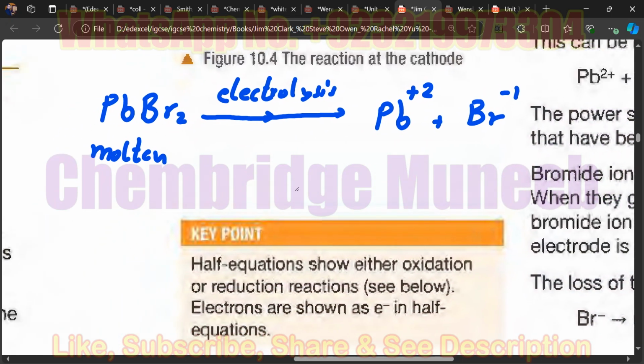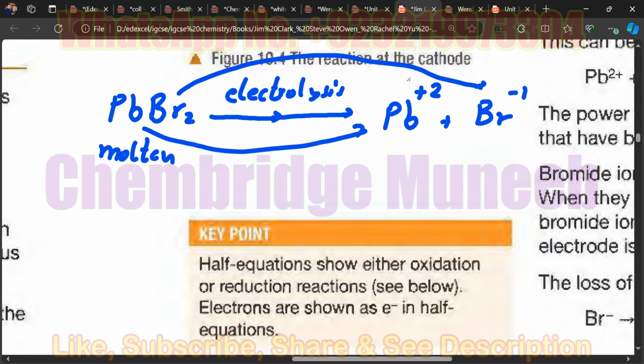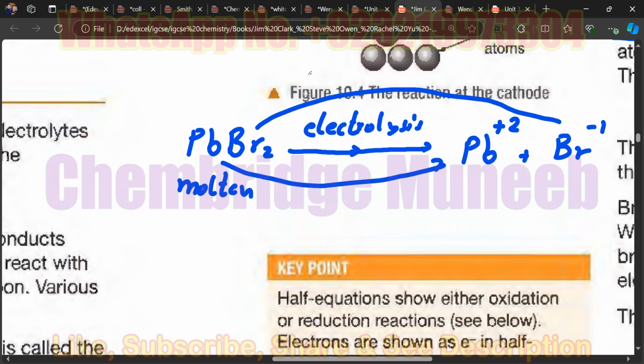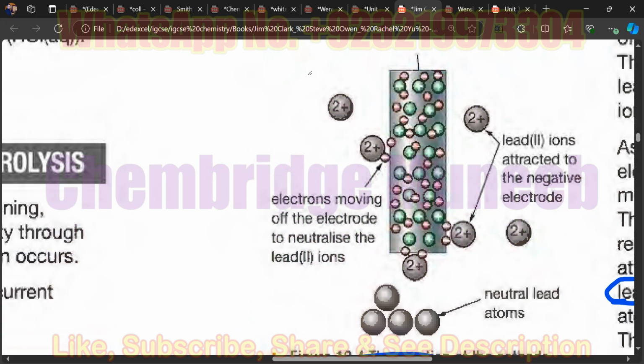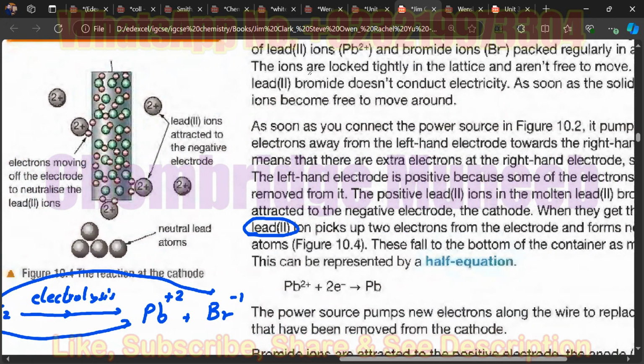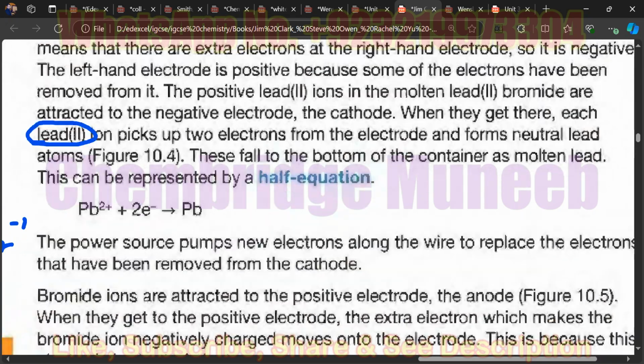Now we saw that the lead basically loses electrons. So yes, it is being done here. That lead is losing the electron and bromide is gaining the electron, but these should be shown separately in their own chemical reactions. We have to show the formation of the ions in separate chemical reactions, which are the oxidation and reduction reactions.